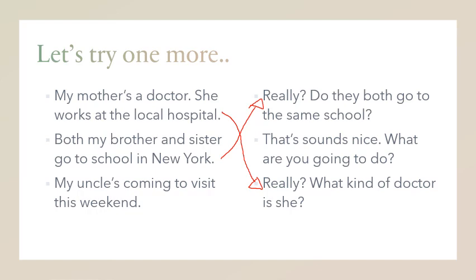Do they both go to the same school? I think the answer is correct. Do you agree? Of course. Both my brother and sister go to school in New York. And then you would ask, really? Do they both go to the same school? So your question is precisely related to your partner's statement.